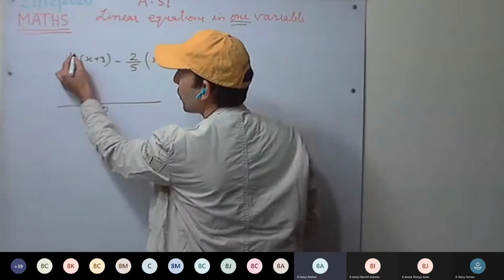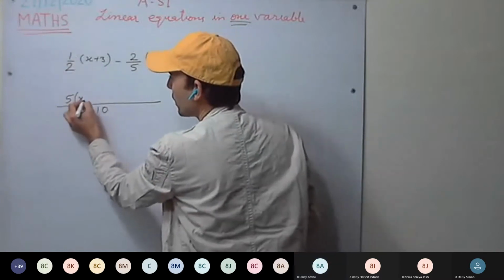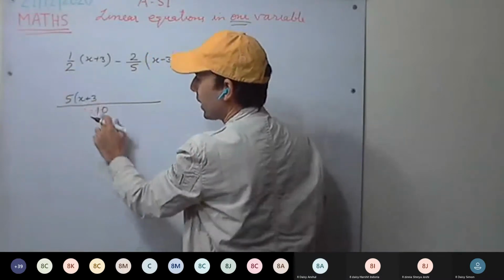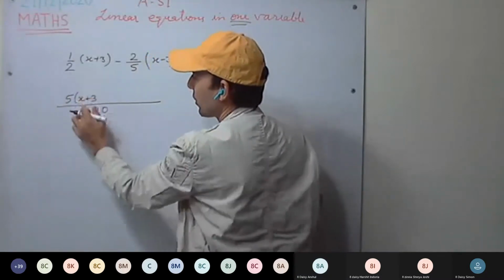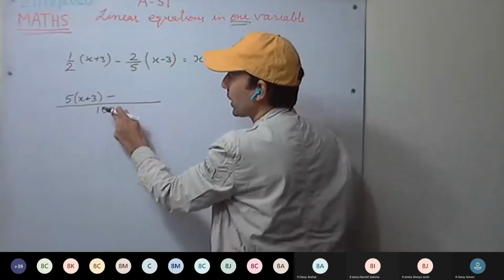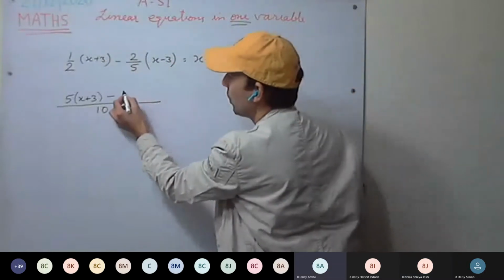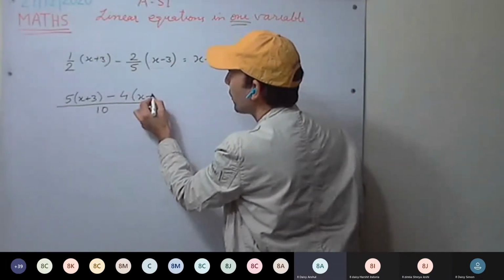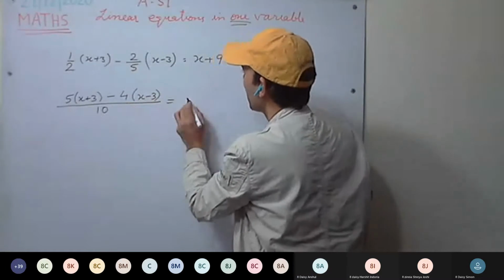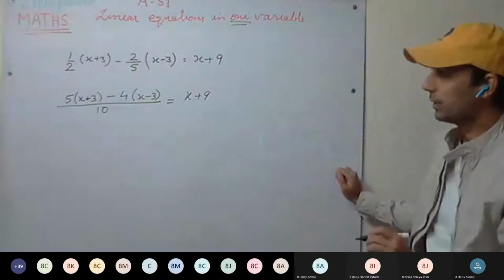With 5, 5 into x plus 3. We have multiplied numerator and denominator by 5. Then only we will get 10 here and here 5. This is clear? Minus 2, 5 twos are 10. That means numerator we have to multiply by 2. So 4. If you don't understand any step, just tell me at that same time, okay? Immediately you tell. This is x plus 9. This is fine.